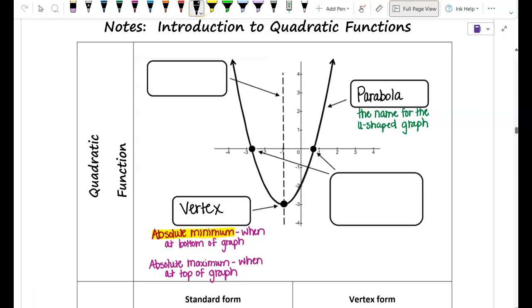The next term we also talked about yesterday, we talked about axis of symmetry.